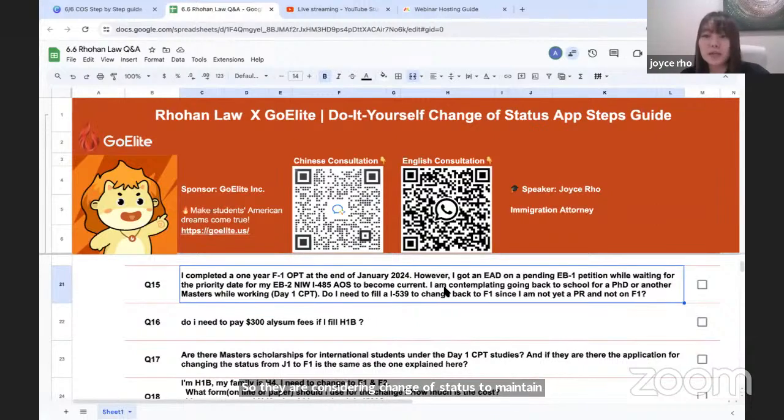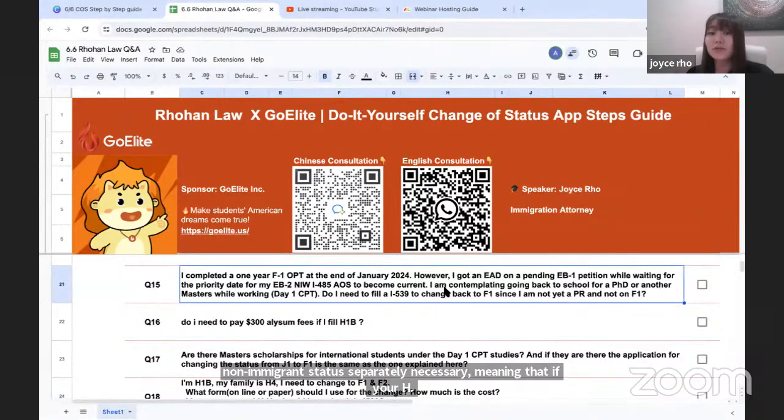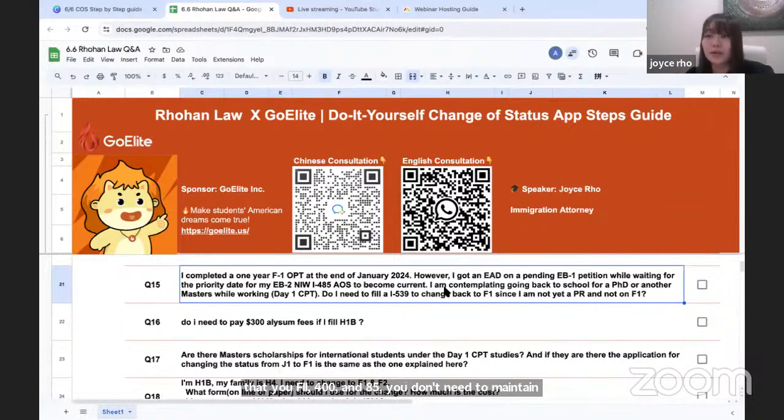The first, technically, once your I-485 is filed with USCIS, you don't need to maintain your non-immigrant status separately. Meaning that if your H-1B status is terminating soon, and if there's no way you can maintain your non-immigrant status, you don't need to maintain it. The fact that you filed I-485 with USCIS makes you have a valid status staying in the United States.